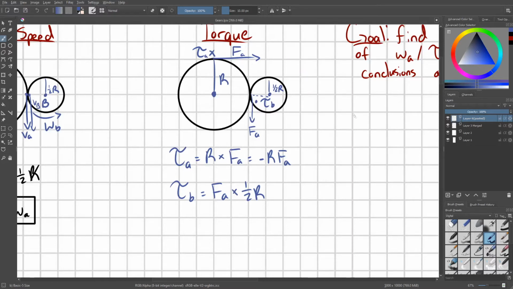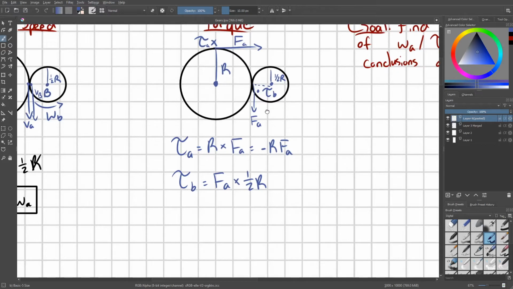It's like an arrow: there's the back of your arrow, and then this is the front of your arrow, so the arrow is pointing at you. So clearly, we have the torques acting in opposite directions. So that's important to note.